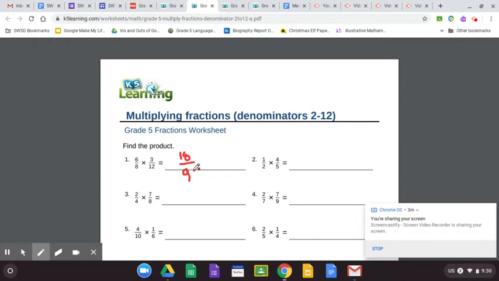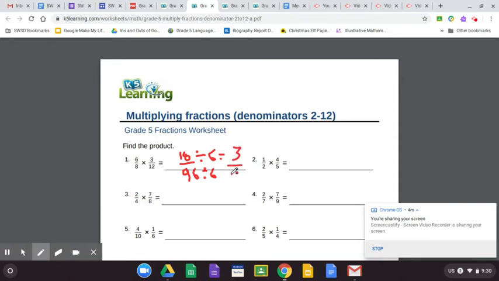This is not an improper fraction, so I would just leave it. I don't have to do division for it. The only thing I have to check is whether it's simplified. And it's not simplified. You have to divide the top and bottom by 6, because that's the greatest common factor. And that would be then 3/16.